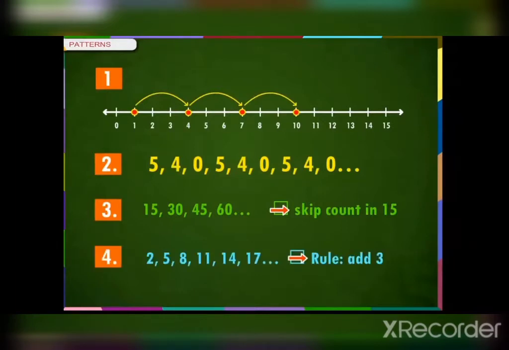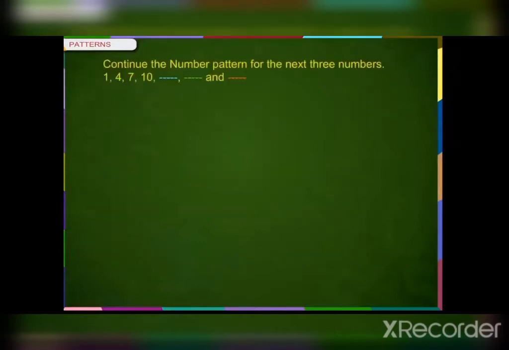4. Find the sum or difference of the numbers to identify the pattern rule and then extend the pattern using that rule. Let us see examples and identify the pattern rule. Continue the number pattern for the next three numbers: 1, 4, 7, 10, dash, dash, and dash.